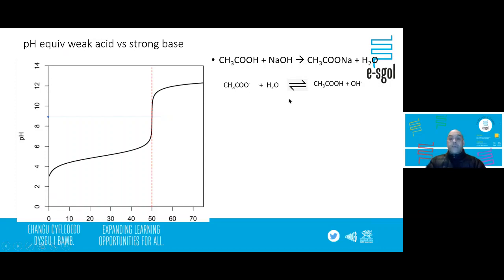Being a weak acid's conjugate base, it accepts a proton from the water to form our weak acid, undissociated, and in doing so, the water becomes a hydroxide ion, and hence we have a pH greater than 7. So even though you've added stoichiometric amounts and effectively neutralized those ions, the salt you make generates hydroxide ions in solution. So weak acid, strong base, 8 to 10 is what I usually quote.